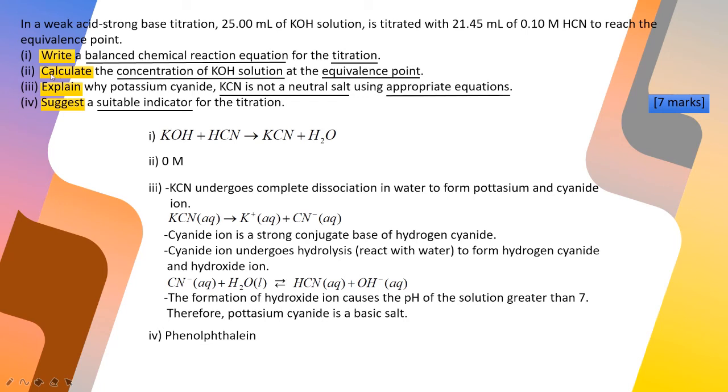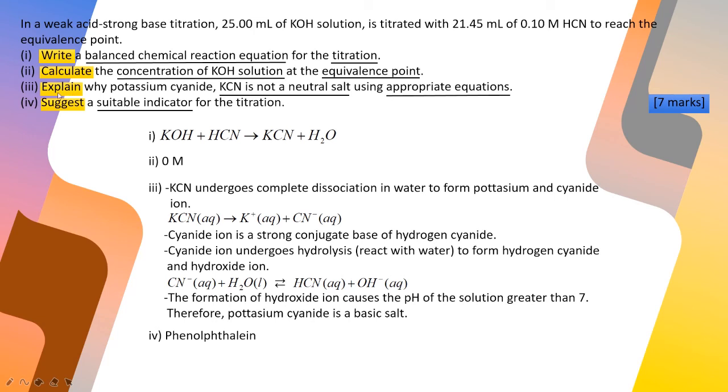Okay, the second question is: calculate the concentration of KOH solution at the equivalence point. So the key point is calculate the concentration of KOH solution at the equivalence point. The concentration will be 0 M at the equivalence point.